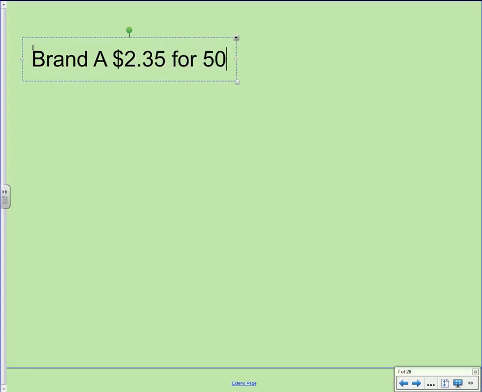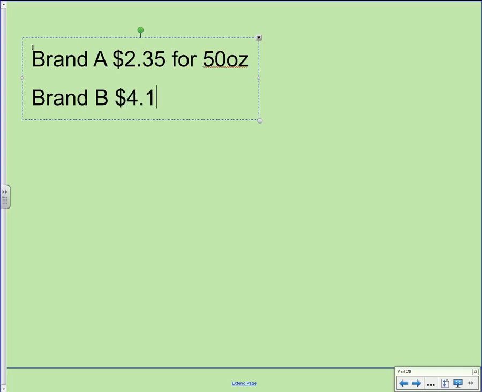So we're going to say that brand A of peanut butter, you can buy it for $2.35 for 50 ounces. I realize that's probably not accurate. But the second one is brand B, and brand B costs $4.15 for 72 ounces of peanut butter.